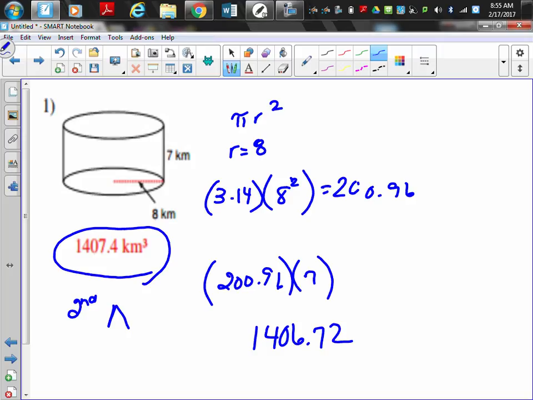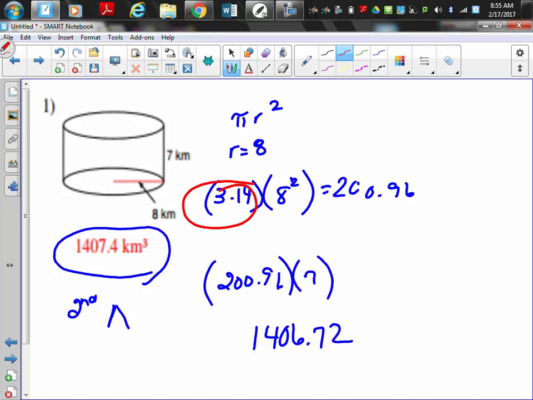All right. Any questions? So you're going to circle where you made your mistake in red. On this one, I would circle right here. So what should I have done instead of 3.14?